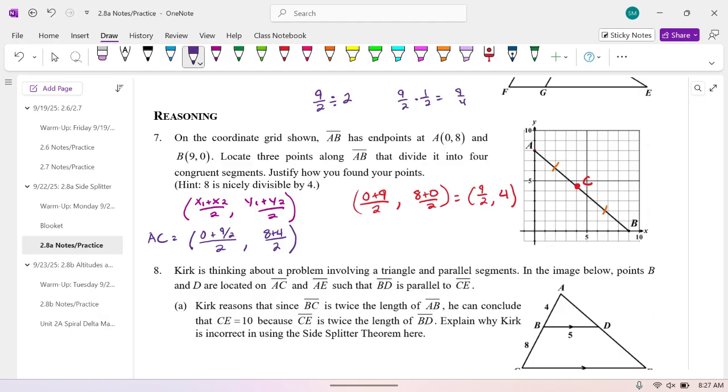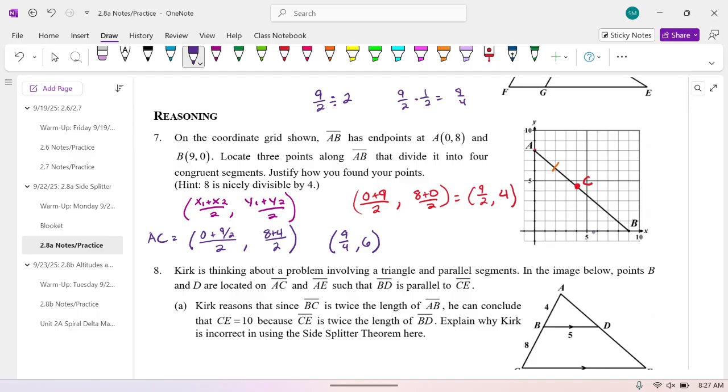All right, because remember, you can read this as division. So 9 halves divided by 2. All right, so we have 9 over 4, and then 8 plus 4 is 12, divided by 2 is 6. So that midpoint would be 9/4.